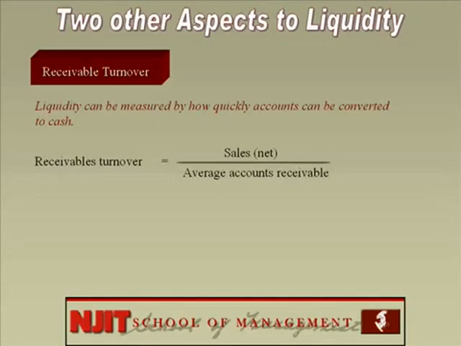When you compute this, the higher the receivable turnover, the faster you're getting paid. That's good for your cash. If the receivable turnover is low, that means you're getting paid very slowly, not fast enough. That's not good for your cash.